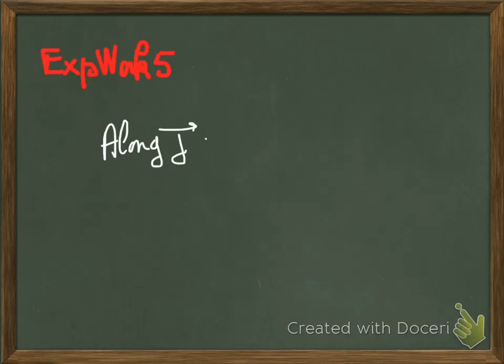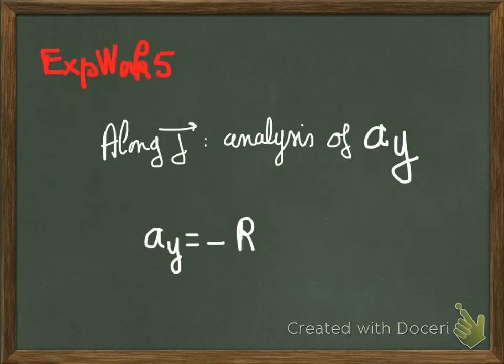Experimental work 5 now is looking at the analysis of AY that is connected to minus R theta dot to the square. Theta dot once again is the angular derivative versus time.